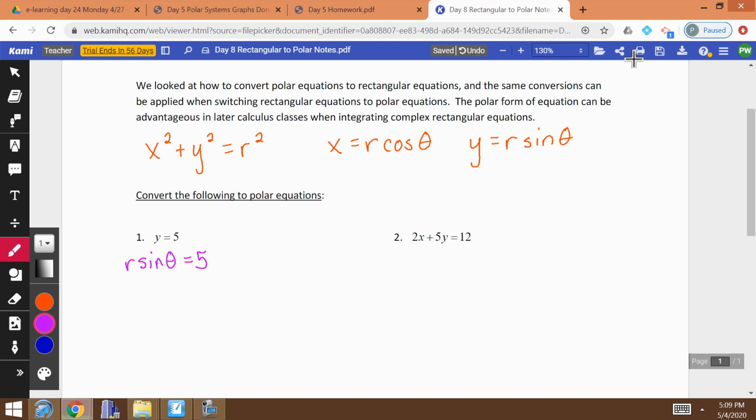However, when we write our polar equations, we always think about them as being either r equals or r squared equals. That's our ultimate goal on these. So we're going to divide both sides by the sine. So 5 divided by the sine of theta. And essentially this is it.